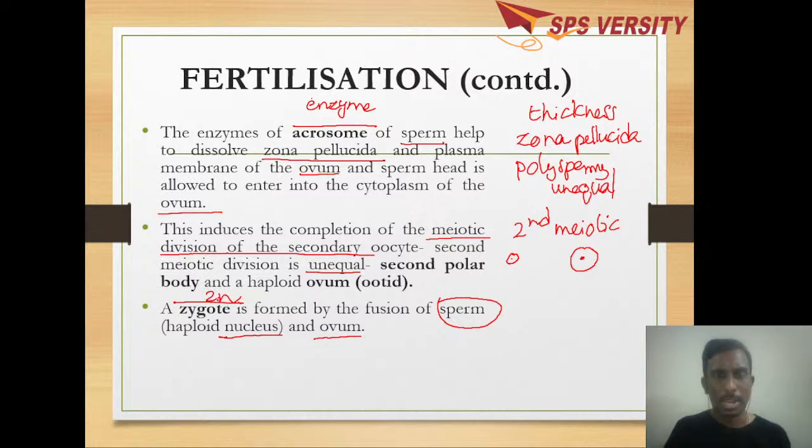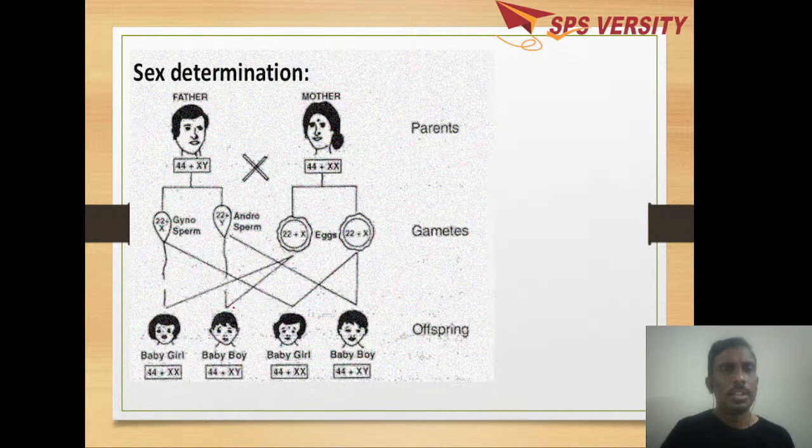So fertilization is completed, where a diploid unicellular zygote is formed. Next is embryogeny, the development of the embryo and the fetus, the young one.